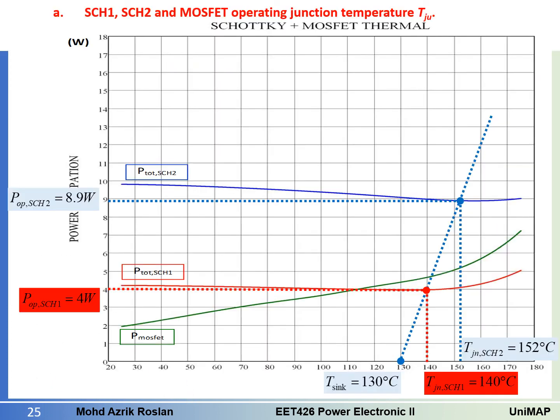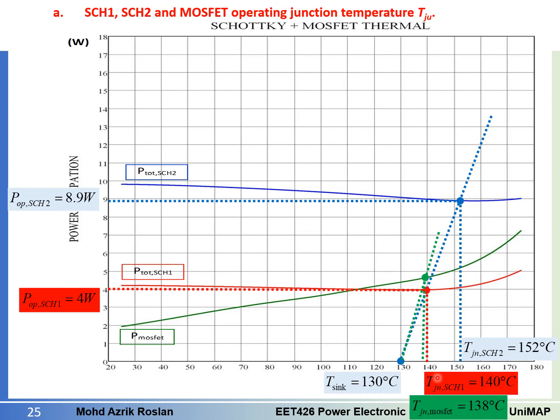So now we increase the temperature by 10, and the power will increase by 5. So remember, this is the point, so we have to draw a straight line from here to this point. Then we can draw the line, and when it crosses the Mosfet curve here, you will get the temperature at this particular point.